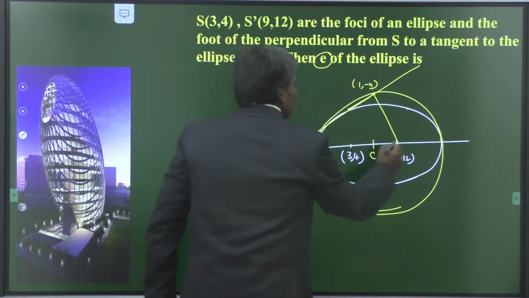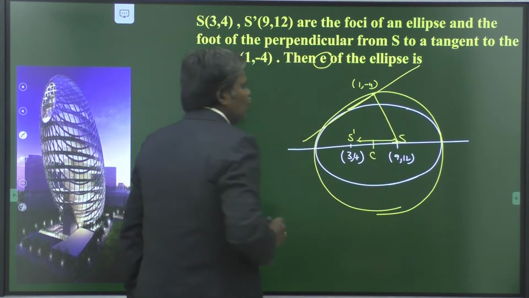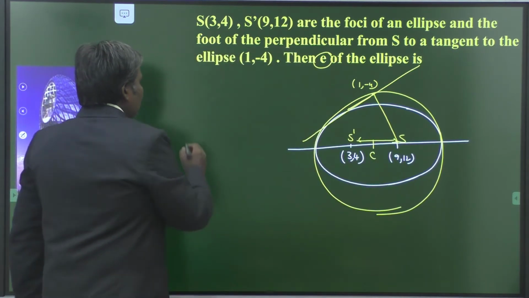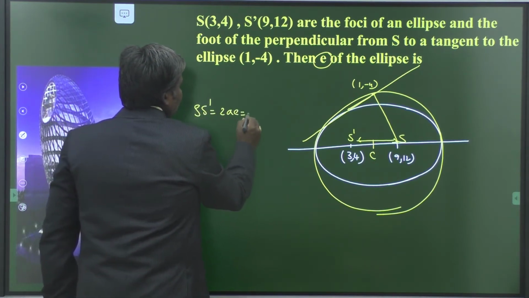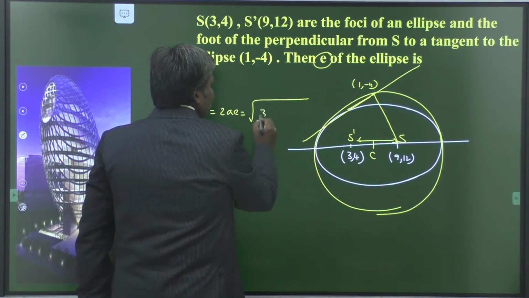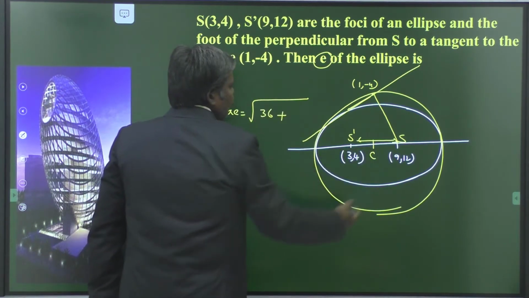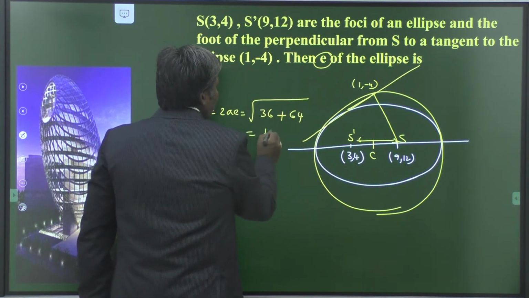Now clearly we know that this is S, this is S'. The distance from S to S' is 2ae. So SS', first we have to calculate, that is 2ae. It is nothing but root of (3 minus 9) whole square, that is 36, plus (4 minus 12), that is minus 8, whole square is 64, root 100, that is 10.